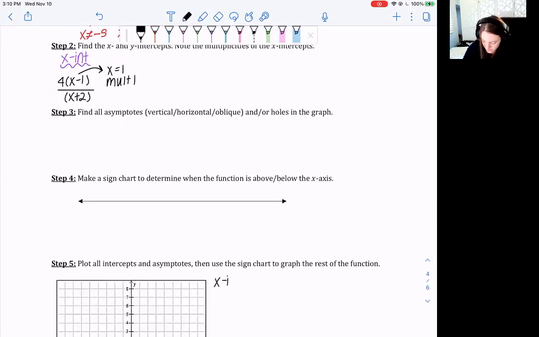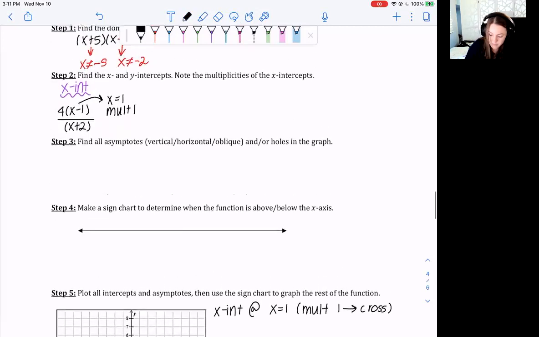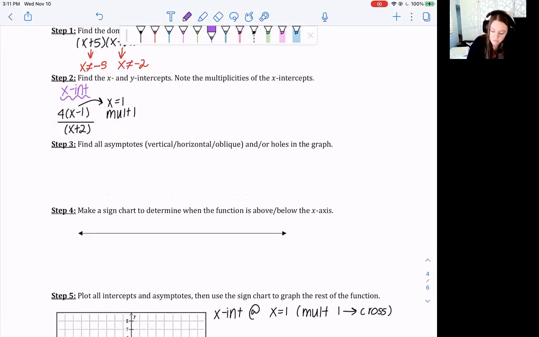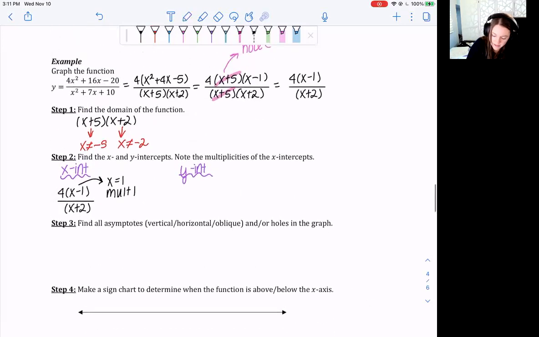So X-intercept at X equals 1, multiplicity of 1, which means we're crossing. For the Y-intercept, we're plugging in 0. I'm just going to tell you that it comes out to be -2.